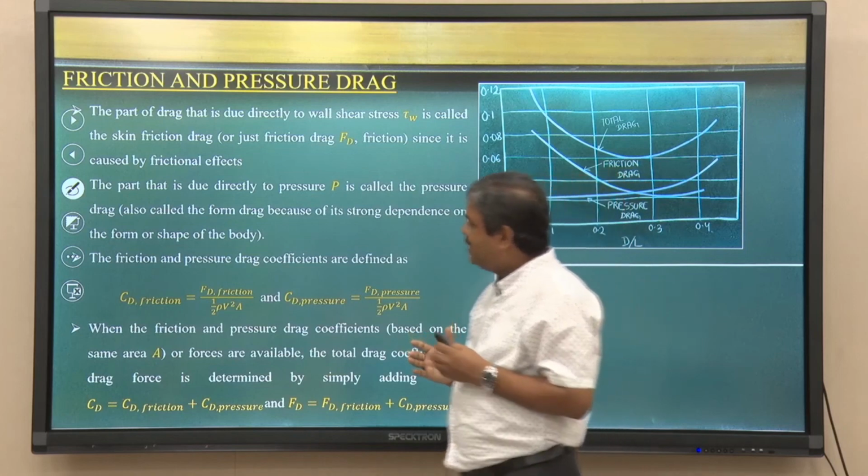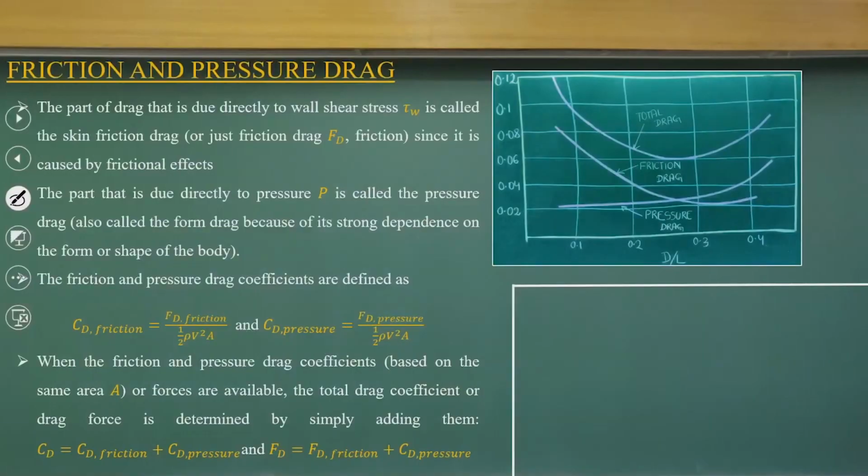Now, let me explain in a very simple way the friction and pressure drags. As I said, the part of drag directly from the wall shear stress is called the skin friction drag, since it is caused by the frictional effect because of the boundary layer formation. There is a part which is directly dependent on the pressure difference, which is the drag force because of pressure.